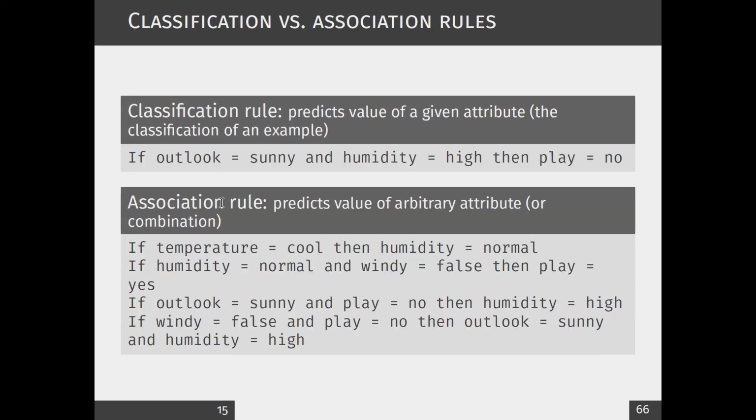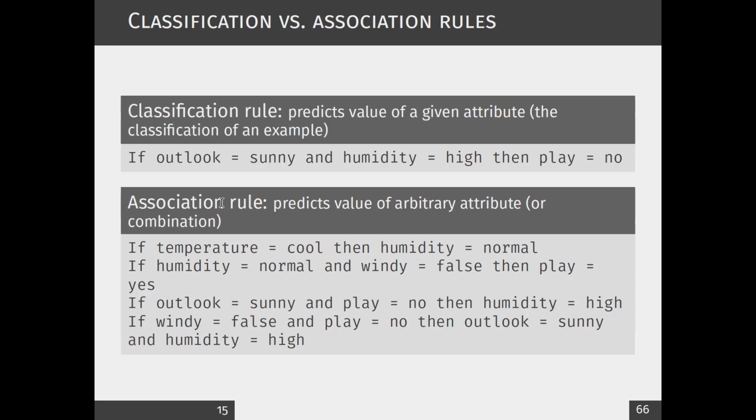Then the next one is a comparison of association rules with classification. Now in classification, in our example, we have a couple of different weather features, and based on that, we are going to decide whether to play or not. So our class attribute, or the attribute that we are going to predict, is play.